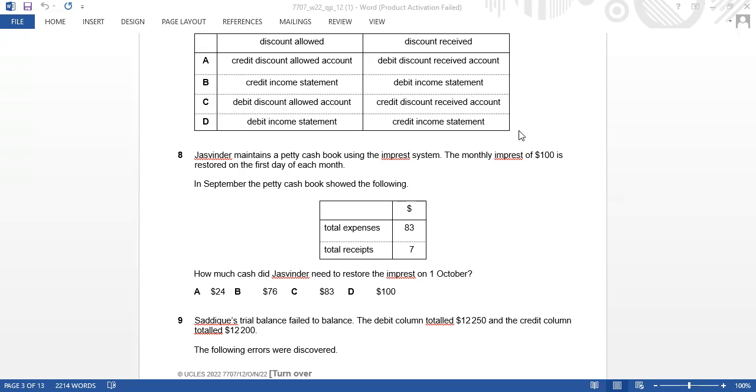We need to restore that, as we had 100 previously in our petty cash book. Total expenses 83 were cash outflow, and total receipt 7 was cash inflow. So we need to add 76. We need 76 in our account on 1st October.